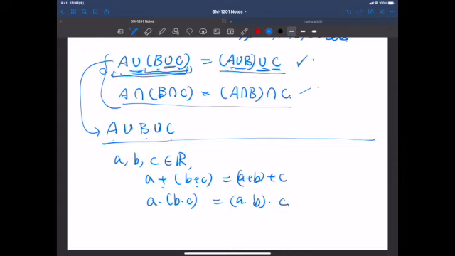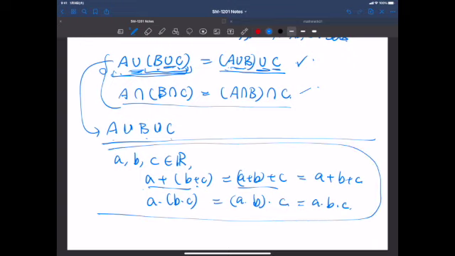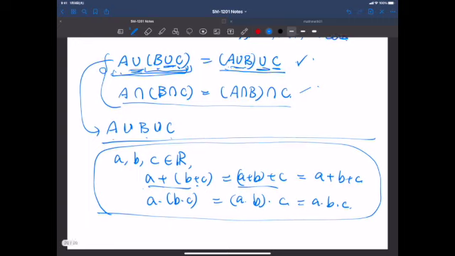Therefore, that's why we can write either of these as just A + B + C, or A × B × C without any parentheses or brackets, right? So this is a very similar property.